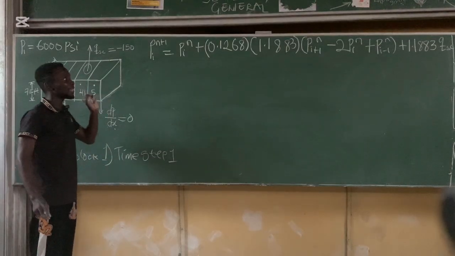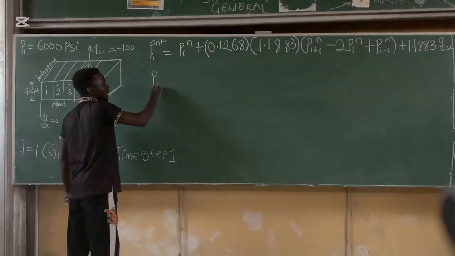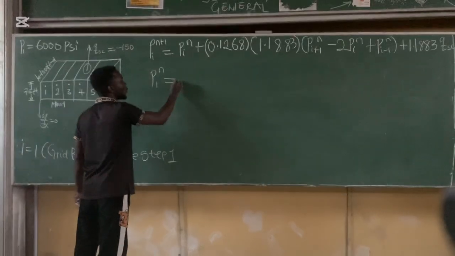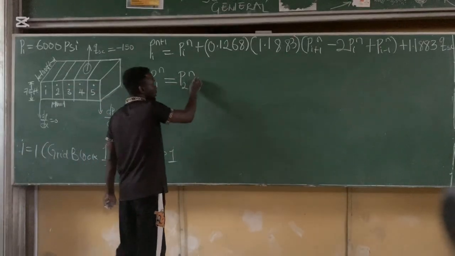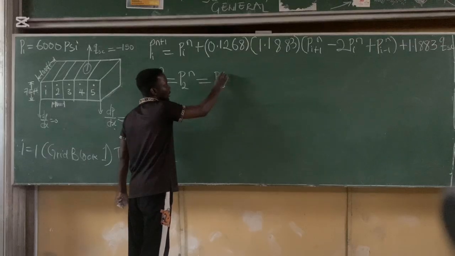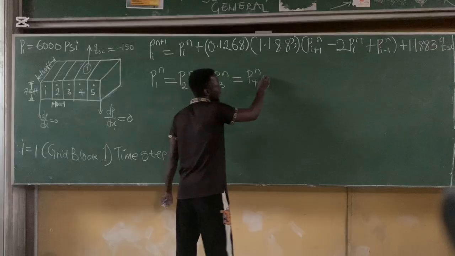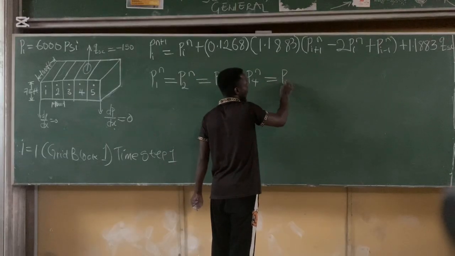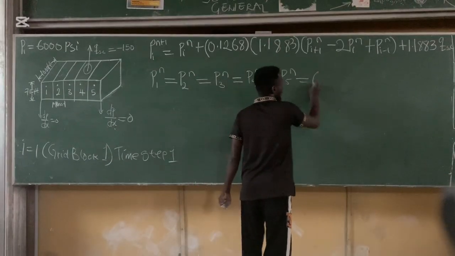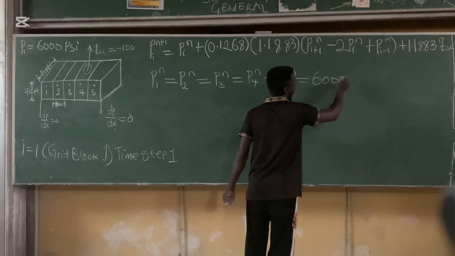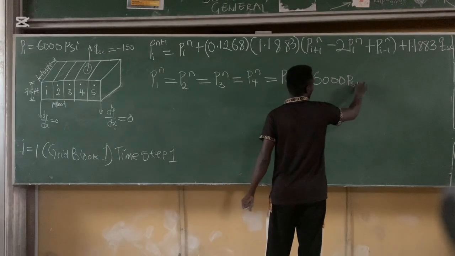And also for the first time, P1n is equal to P2n, is equal to P3n, is also equal to P4n, is also equal to P5n, which is equal to 6,000 psi.